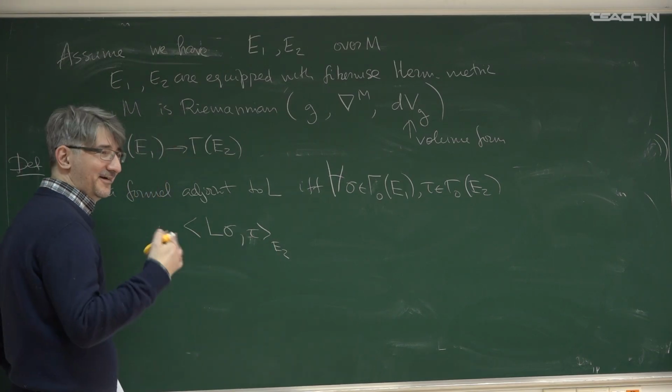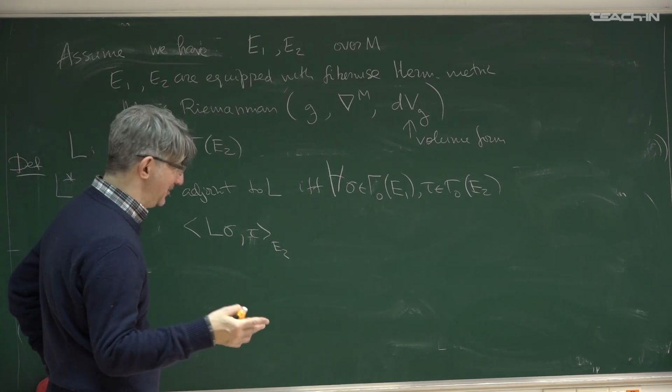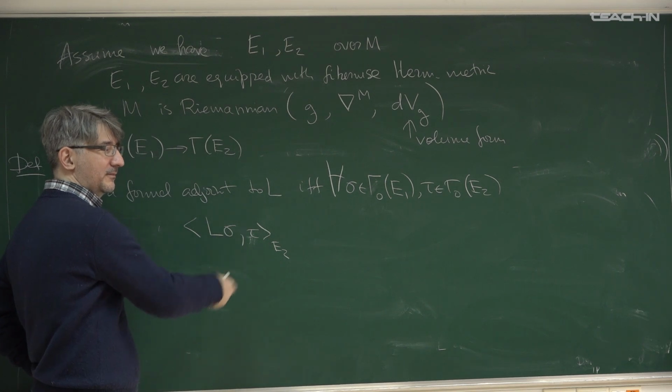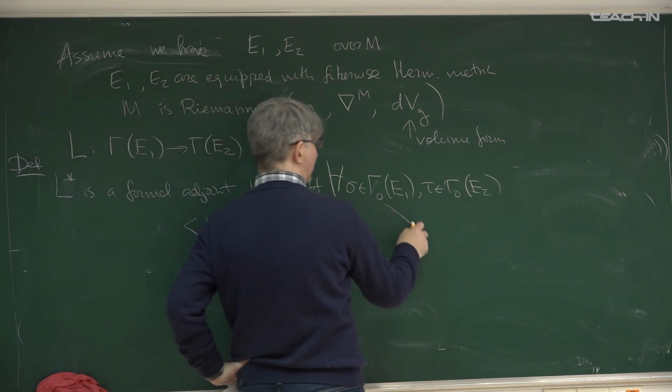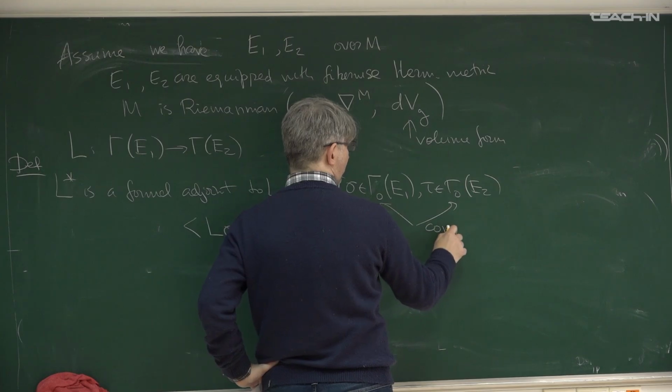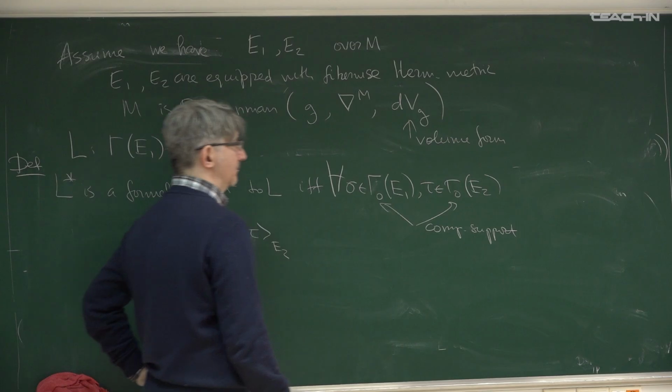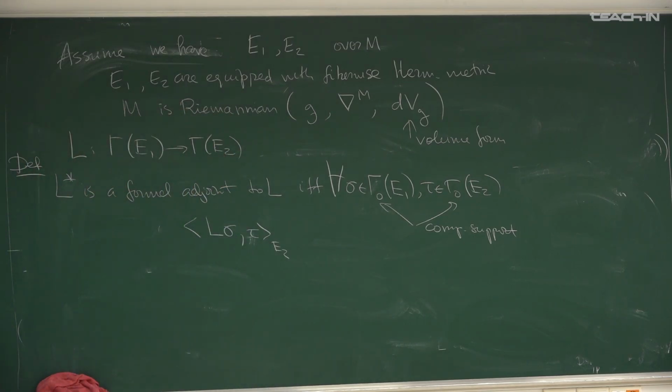The question which I want to ask you now: what is the object which I wrote here? This pairing is a function. What is the nature of this object? Is it a number? Is it a function? Is it a linear operator?